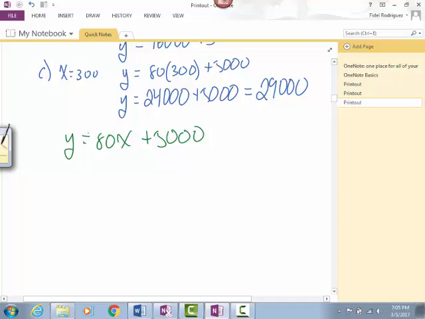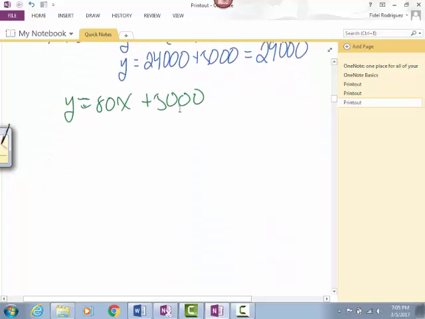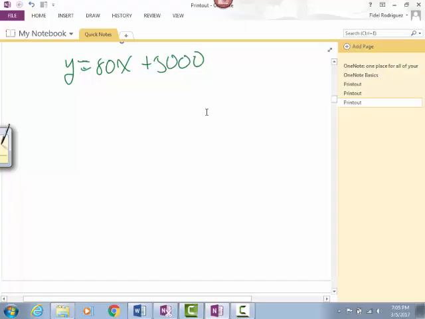And when I look at my hint, I'm going to scroll back up to get to my hint. It's telling me find X when Y equals 8,600. So where the Y used to be, I'm going to put my number, 8,600 equals 80X plus 5,000.